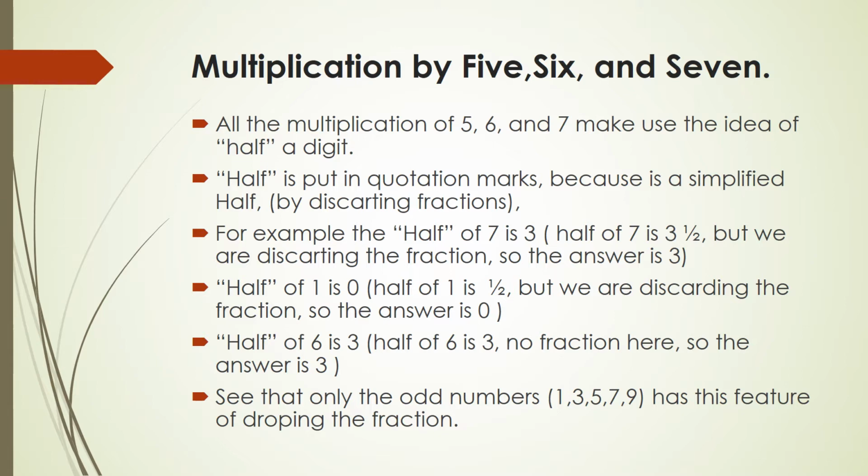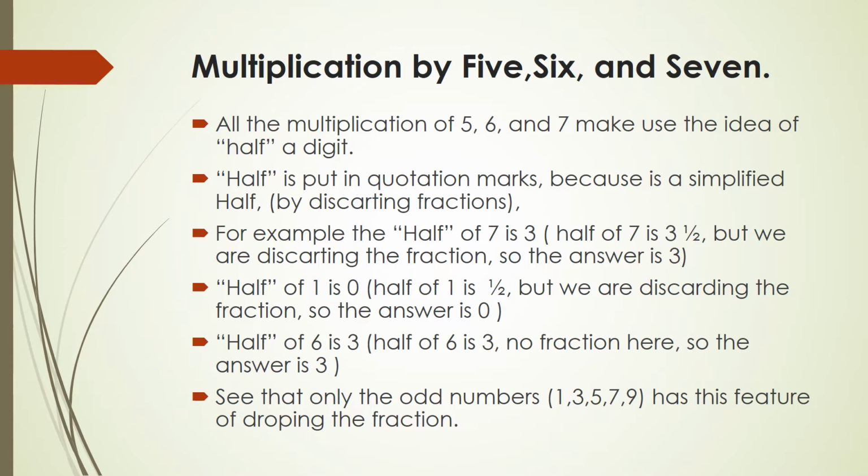The half of 1 is 0. We know that the half of 1 is a half, but we are discarding the fraction, so the answer is 0. The half of 6 is 3, because there are no fractions, so the answer is directly 3. You will see that only the odd number has this feature of dropping the fraction.